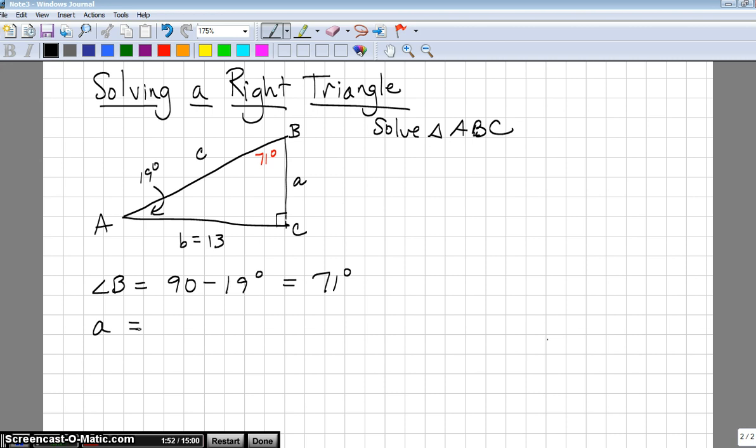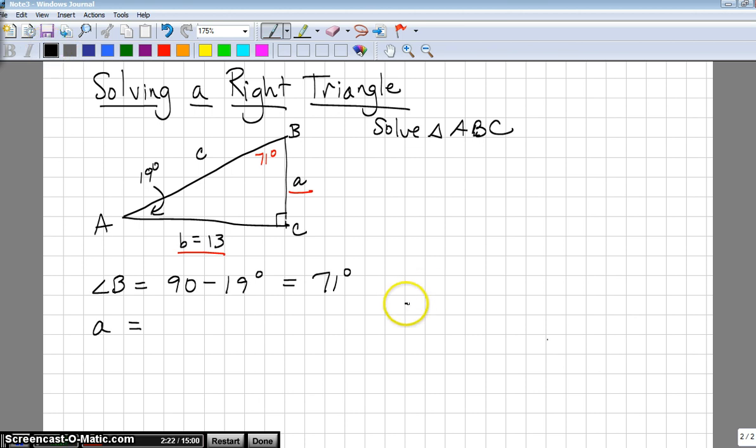So if we're looking from the 19 degree angle, little a is opposite angle 19. Since we're trying to find little a and we know little b, and we're looking from the 19 degree angle, then you can say to yourself, well, I need the opposite side and I do know the adjacent side.